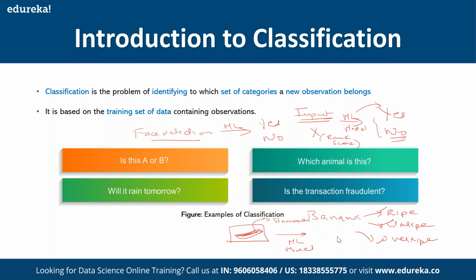How many categories are there in this problem? Have I defined any category in this problem? Yes, 3 categories. The key word here is that I defined that my banana can be classified into 3 categories.